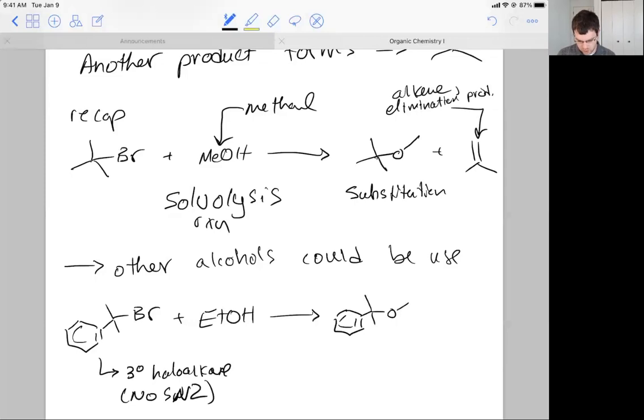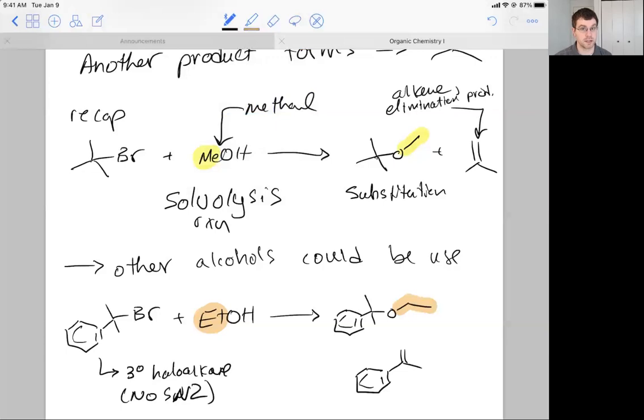And then we replace our methyl group that was part of our earlier reaction with now an ethyl group. Okay, and so that's one of the products. That's our substitution product. This is our elimination product.